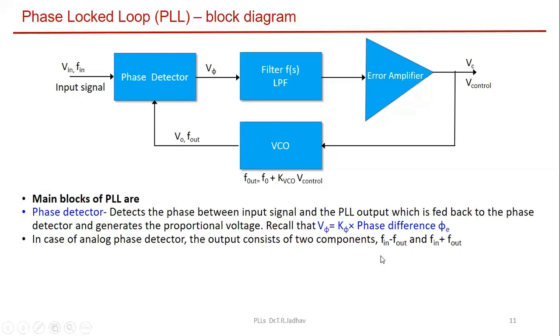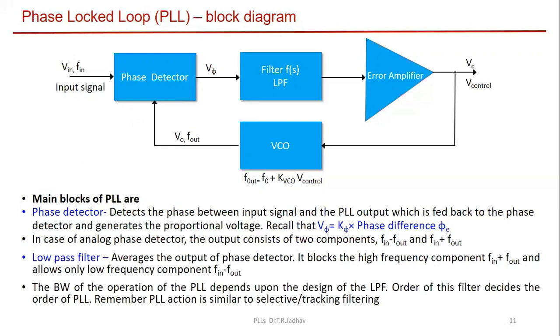One is the difference between two frequencies, that is Fin minus Fout, and the second is Fin plus Fout. So two signals are generated, one a low frequency component and the other a high frequency component. Fin minus Fout is the low frequency component. Fin plus Fout is the high frequency component, because there will be an addition of frequencies, as simple as that.